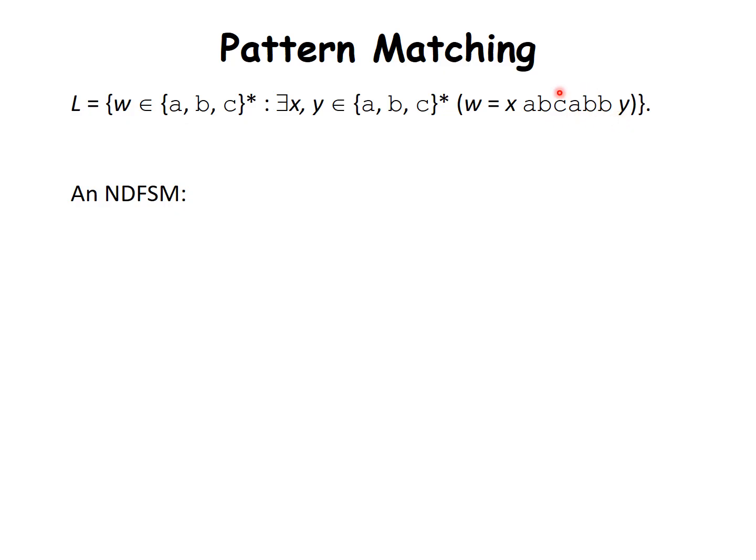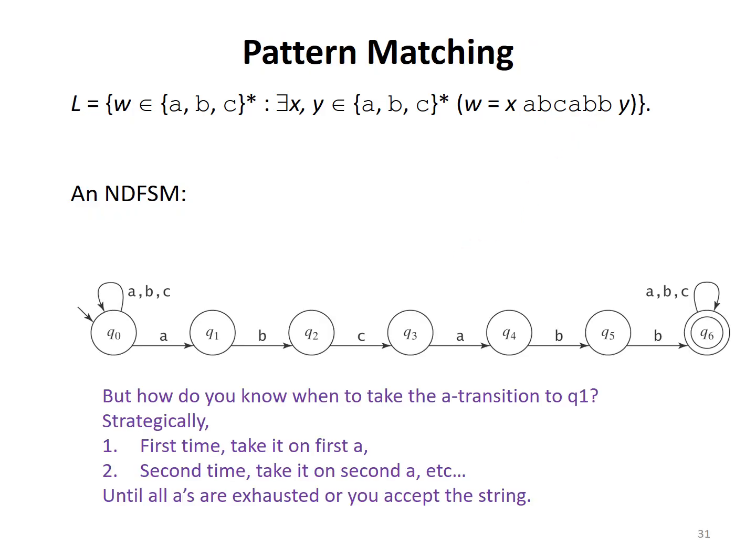First you construct for ABCABB. Let us say we have constructed it already. Look at this: ABCABB is the middle substring, and it comes in a stretch, all concatenated. It is read from the starting state: read A, reach Q1.